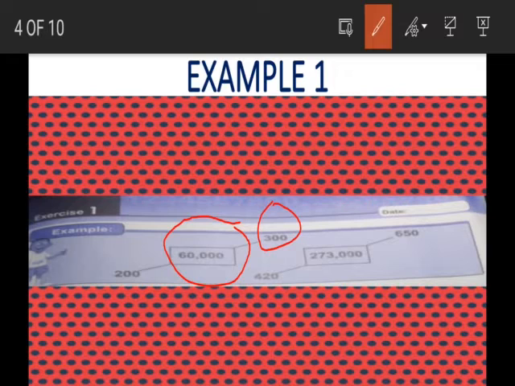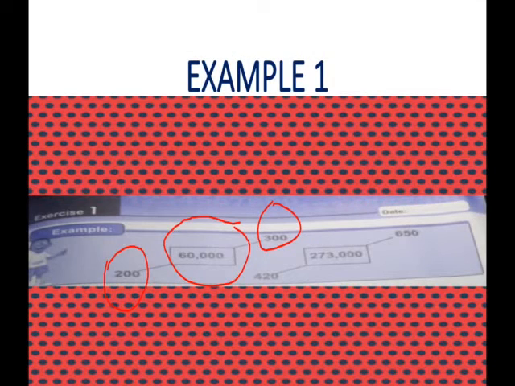The same thing applies. Assuming 200 was not given, we do the same thing. That is 60,000 divided by 300. So that is the code behind this sample.